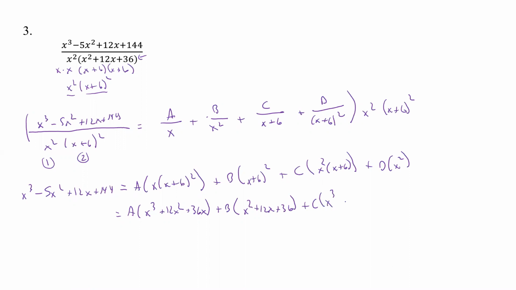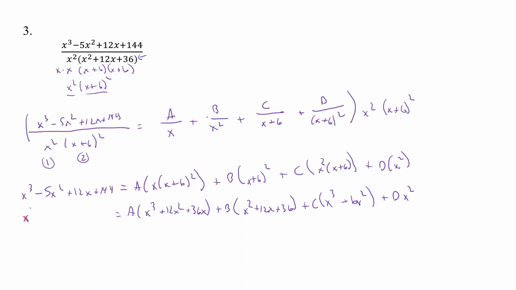That's x cubed plus 6x squared plus dx squared. All right, so we have all that. And now I'm going to go get another page, just a second. All right, and so now we have to simplify some more.